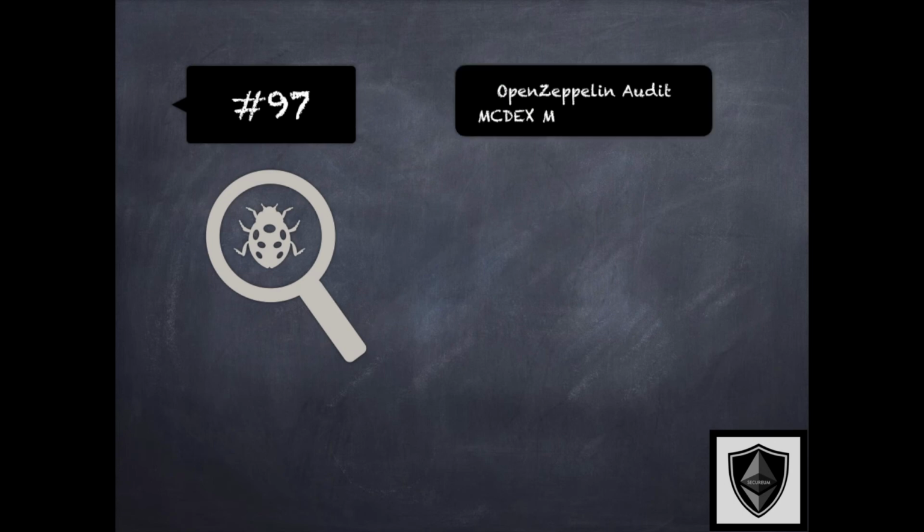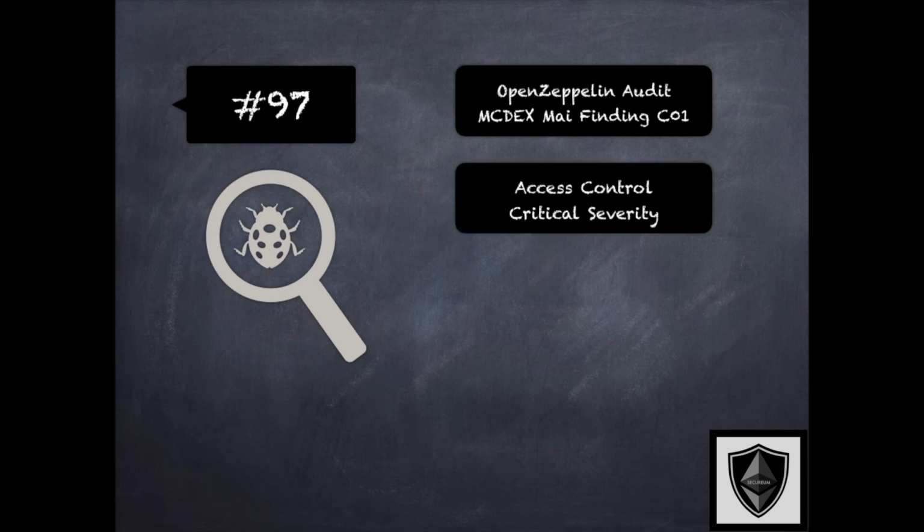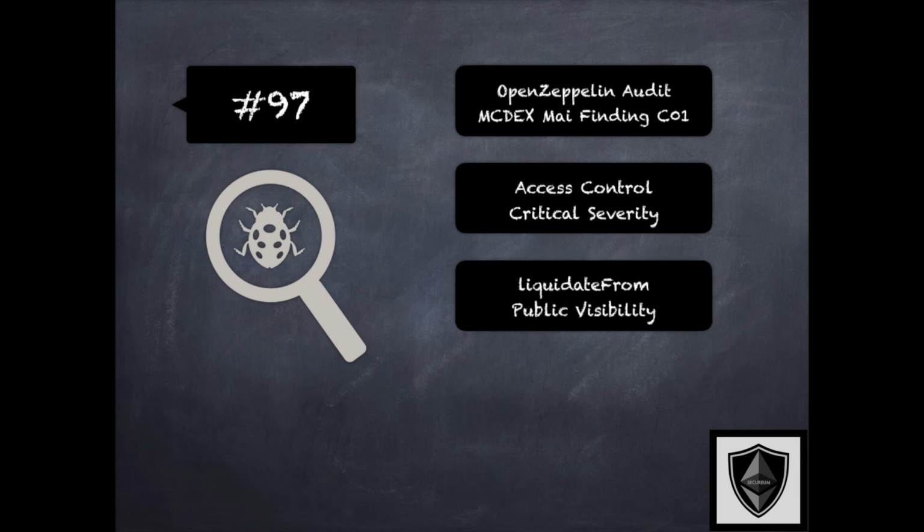97 is a finding from OpenZeppelin's audit of MCDEX MAI protocol, where it was a critical severity finding related to access control in which anyone could liquidate on behalf of another account.